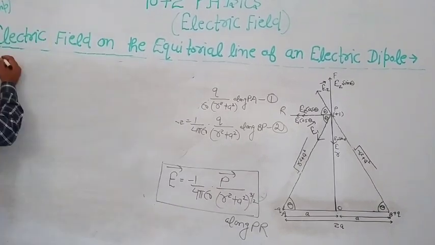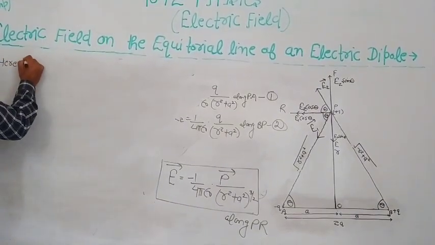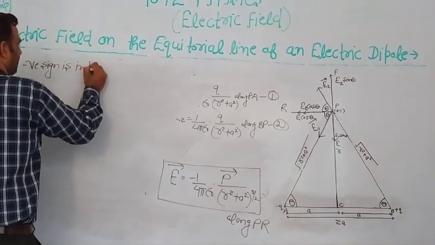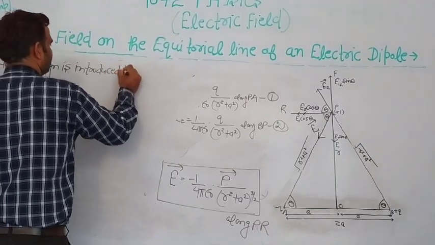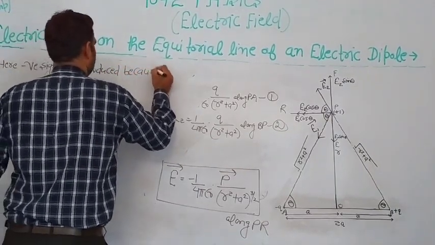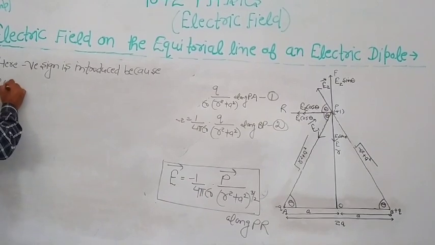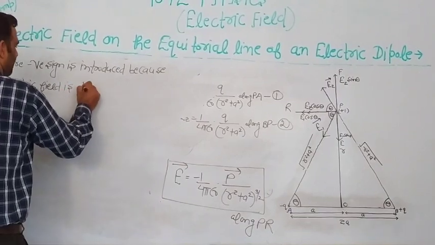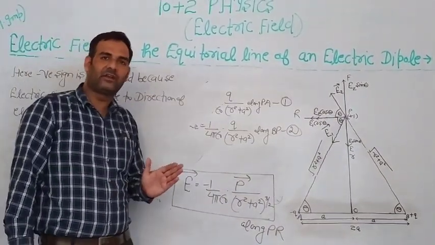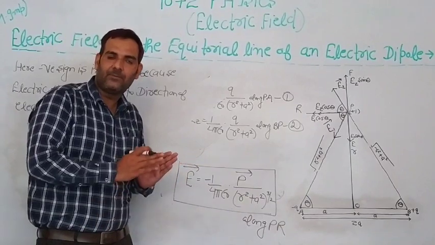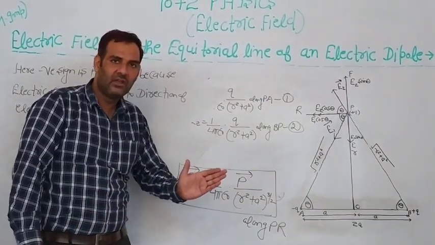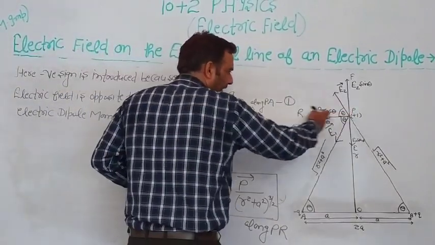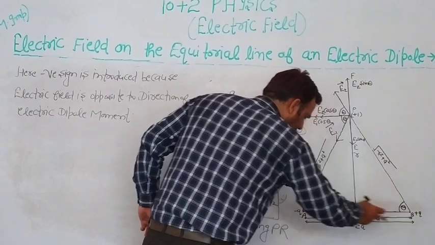The direction of the electric dipole moment is from negative charge to positive charge, but here the direction of the electric field is along PR, that is from positive to negative charge.